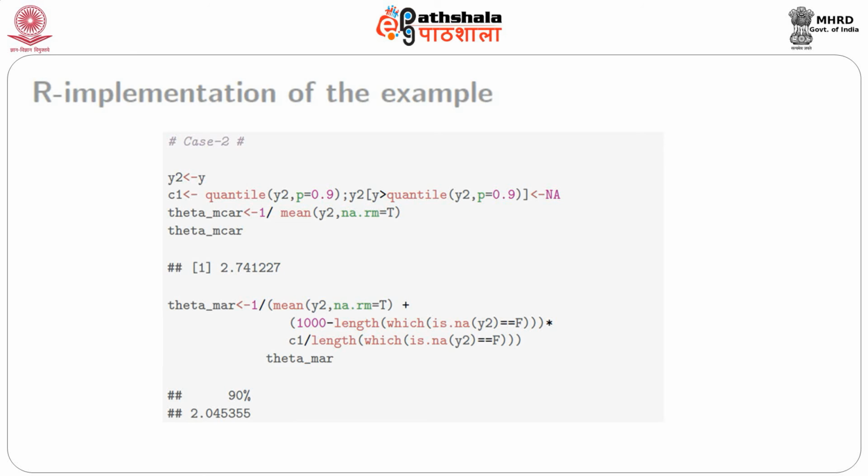So, that is pretty close to the true value. In situations where it is missing at random, using missing completely at random might not yield a very good or reliable result.